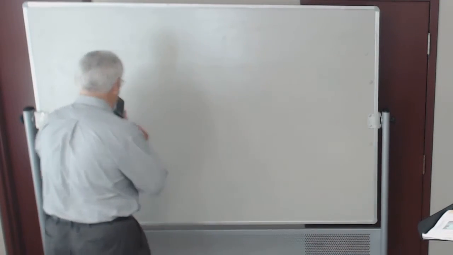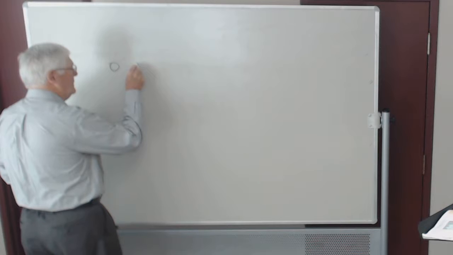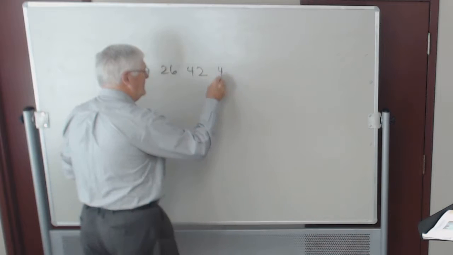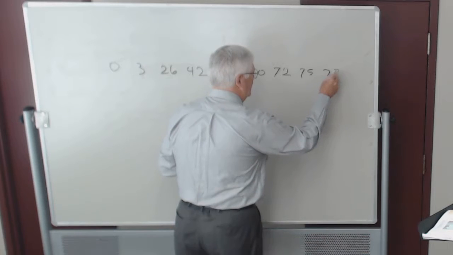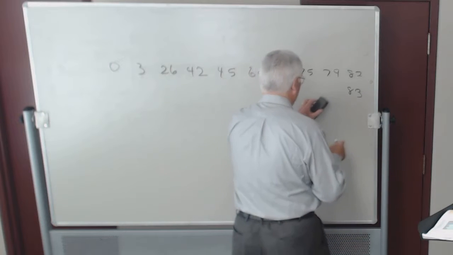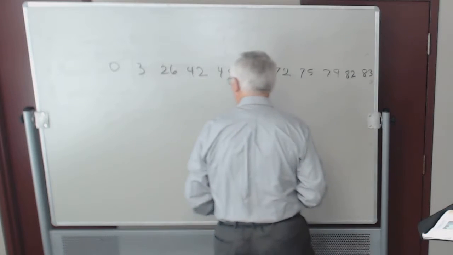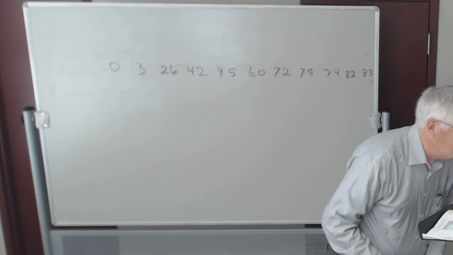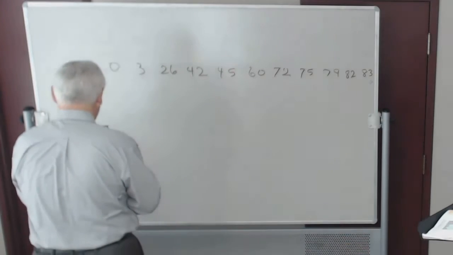Help me write them out here. 0, then what? 3, 26, 43, 45, 60, 72, 75, 79, 82, 83. So, what am I going to have to do first? Find the mean. So I get my calculator, check me out, see if I got it right.